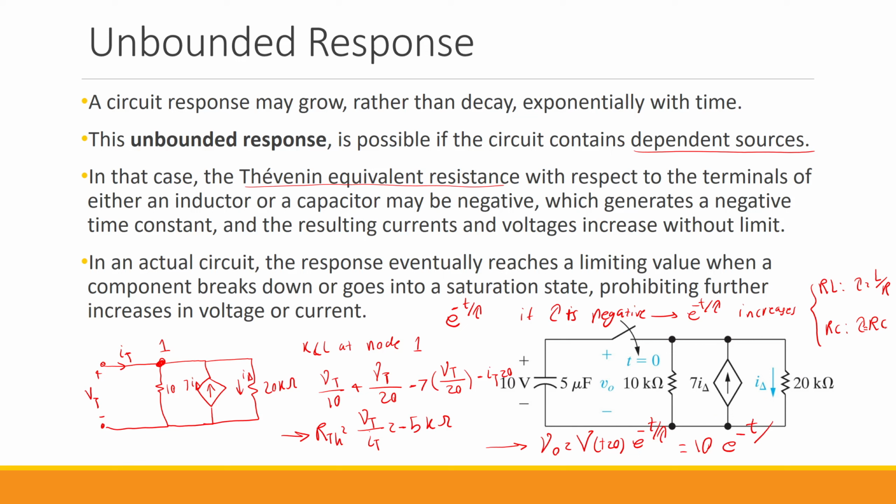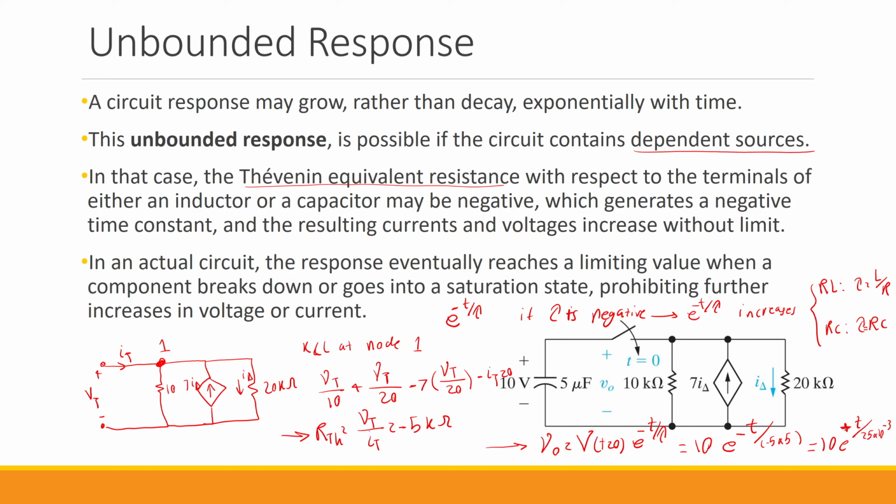Tau is R multiplied by C, or RTH multiplied by C. Since RTH is negative 5 kilo, we basically have negative 5 multiplied by 5. For now I eliminated the units, but you can consider them too: 5 is 5 kilo ohm, and the other 5 is 5 microfarad. So this whole thing is going to be 10 e to the negative t over 25 milli, or 25 times 10 to the negative 3.